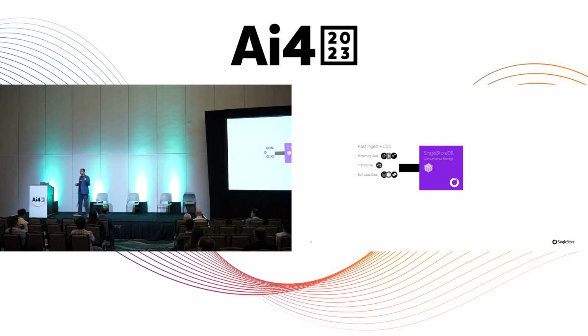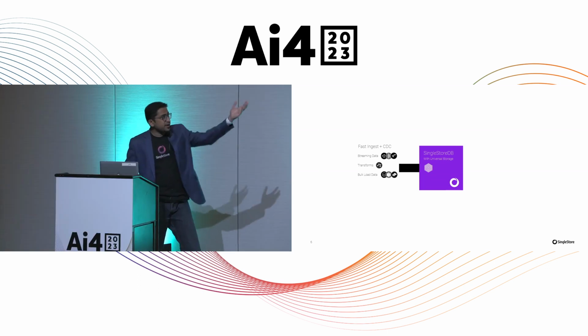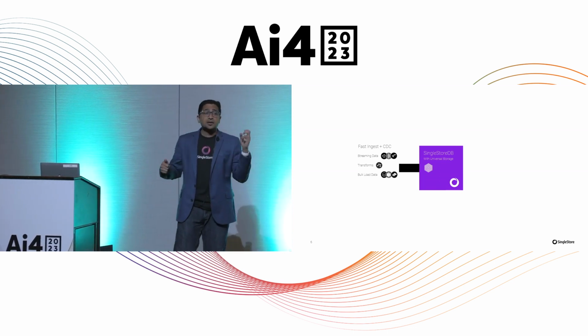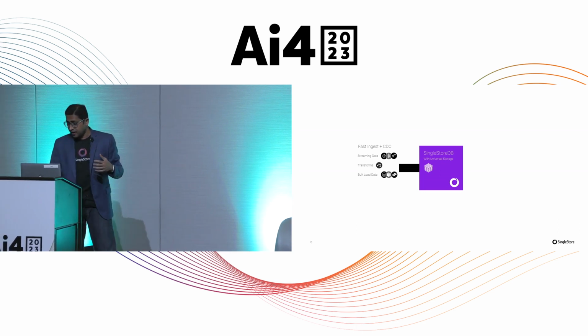You can now bring in data in pretty much real time and analyze data as it lands without the need for ETLing, right? And once the data lands, as I mentioned, we combine transactions and analytics in the same engine, so you can power applications based on data that's coming in, and you can analyze data as it lands.